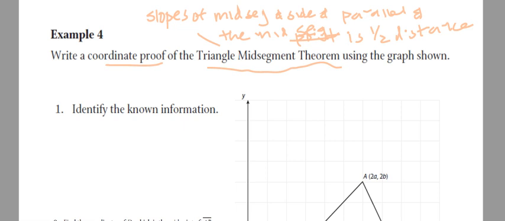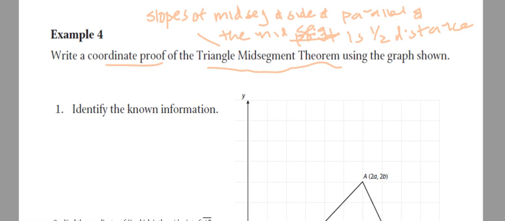So what they're asking us to do is to prove that that's true. They're asking us to take these coordinates that aren't specific numbers, that are universal, we could use them over and over, and then prove that the slopes are equal and that there is this relationship where one of the side lengths is always half the distance of the other.